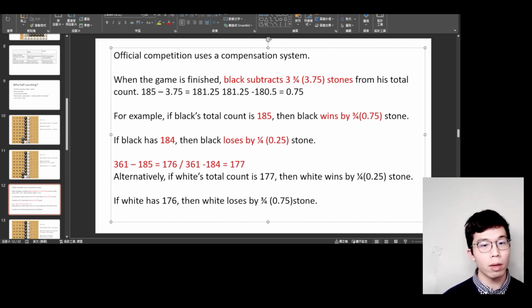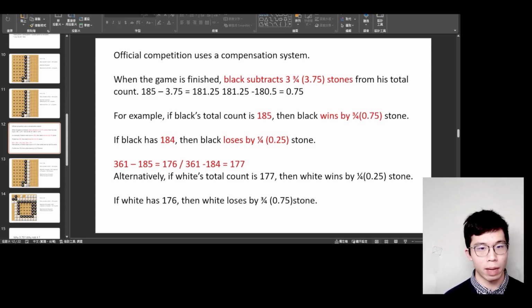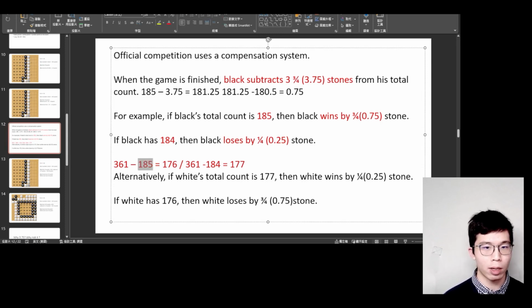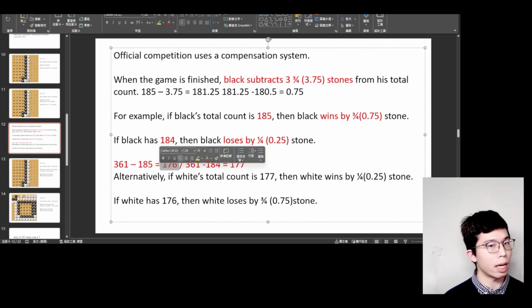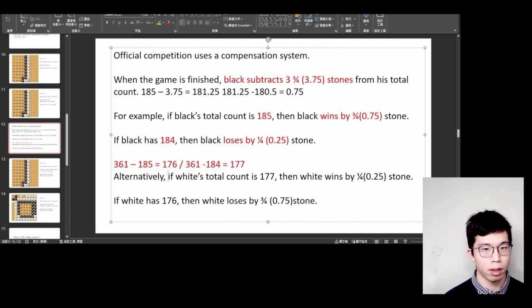If white has only 176 stones, then white would lose by 0.75 stone. We can also do the math. When black has 185 stones, black will win. White only has 176. If black has only 184 stones, white wins, then white has 177.